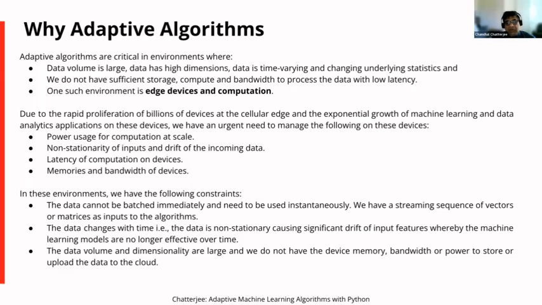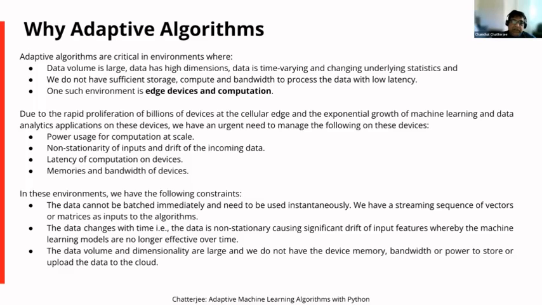So you need to process the data locally. And the local phones may not be that powerful. They're not buying iPhones in the quantities that we buy here. So most of the phones are low-end phones. And therefore, you don't have sufficient storage, you don't have sufficient compute, you don't have enough bandwidth.